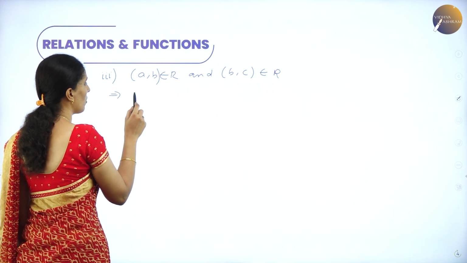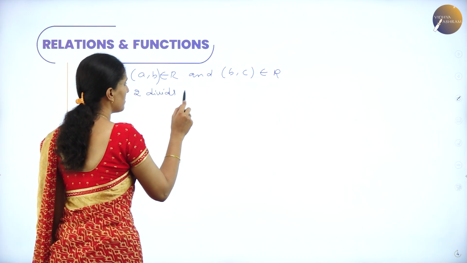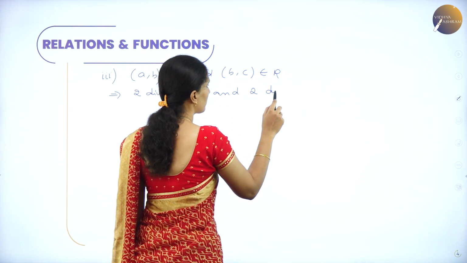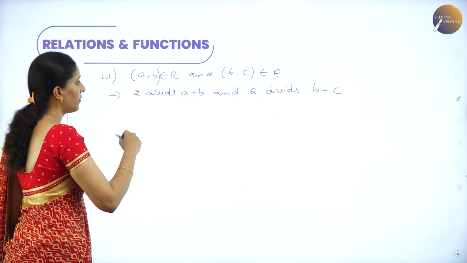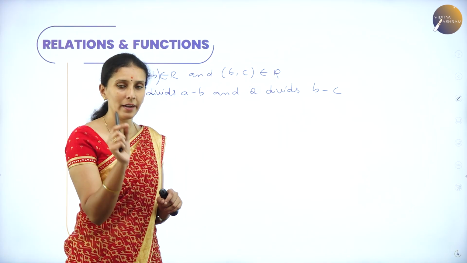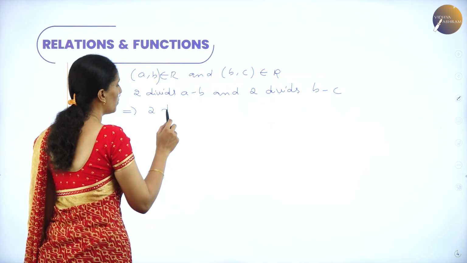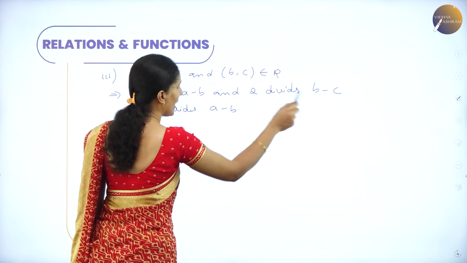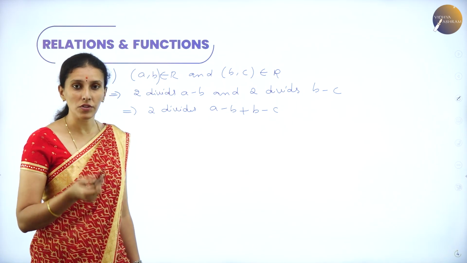If A comma B belongs to R, 2 divides A minus B and 2 divides B minus C. So if 2 divides A minus B and 2 divides B minus C, obviously A minus B and B minus C are integers. Hence, I can write this as 2 divides A minus B plus B minus C, because the sum of two integers is also an integer.